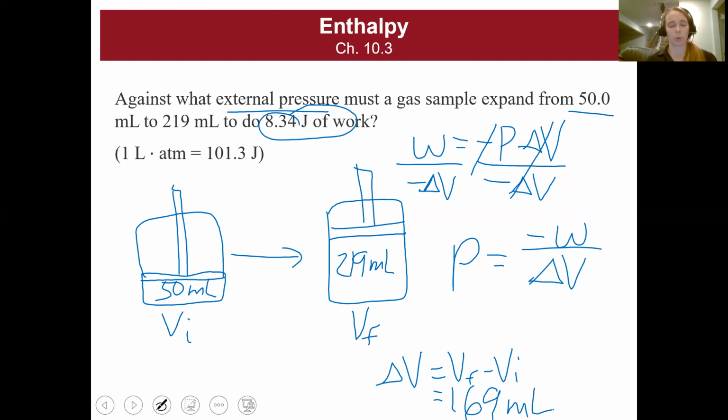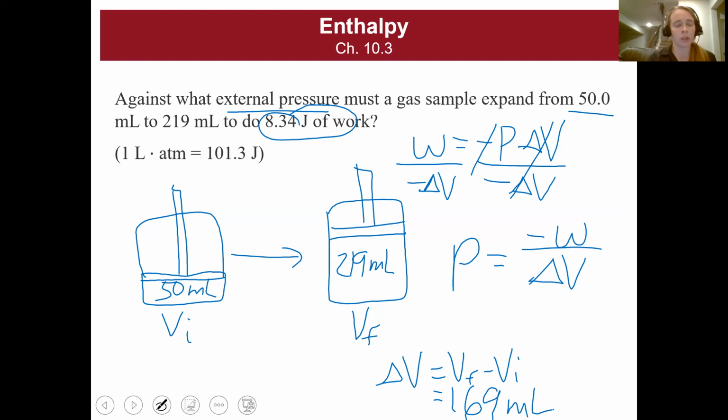So now we can plug all of this in and calculate. Remember, we want to consider our sign conventions here. If you remember back to the last time I lectured, when we were first introduced to work, when the system is doing work on the surroundings, work is negative. When the surroundings are doing work on the system, work is positive.